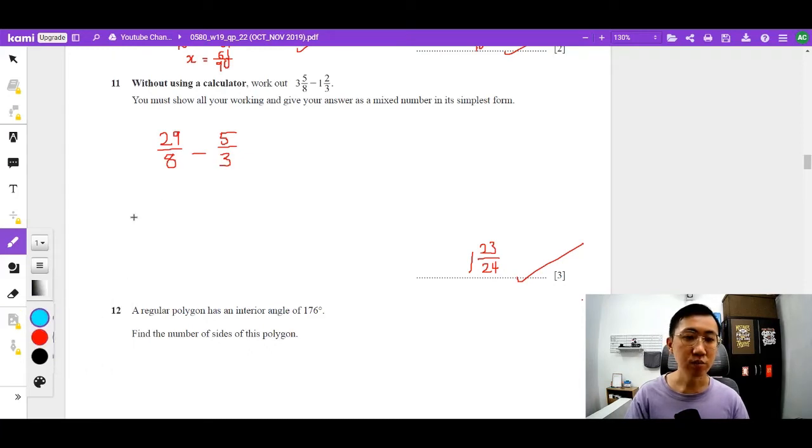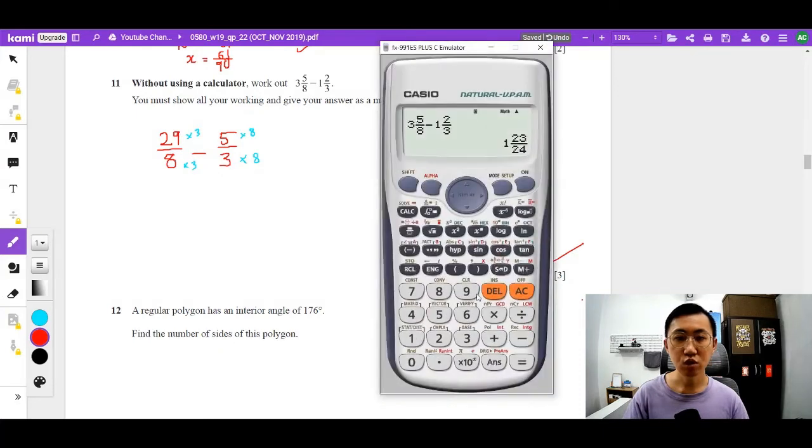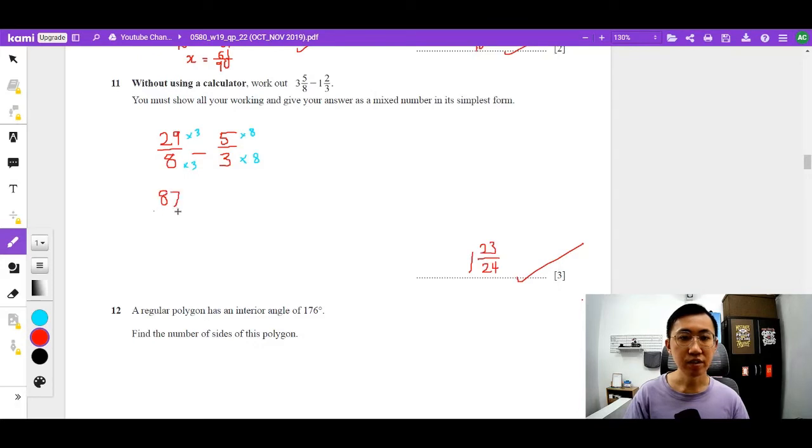So I will be using another color. This one you times 3, times 3. For this side you times 8, times 8. Okay, as I mentioned, please show your working. 29 times 3, so do slowly. 29 times 3, 87, so you copy 87 over.